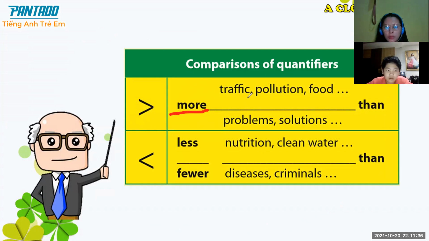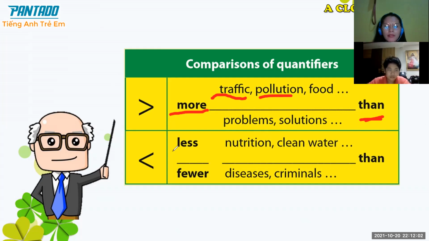So we can have more traffic than the other. For example, our place has more traffic than the other city. We can have pollution or any adjective that you want.